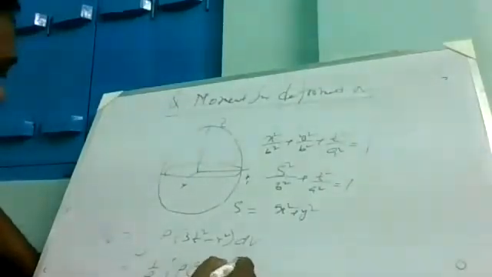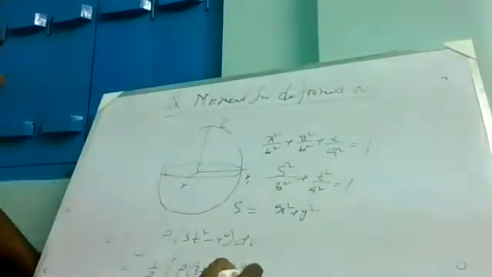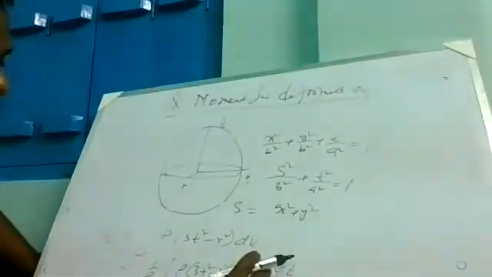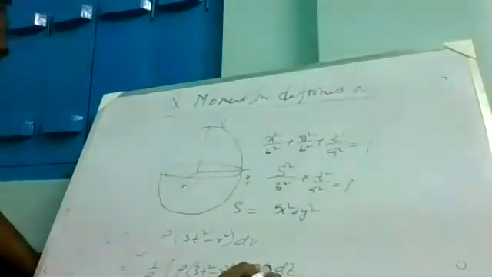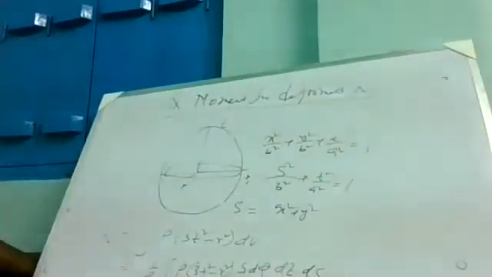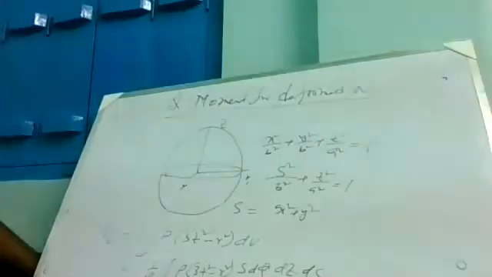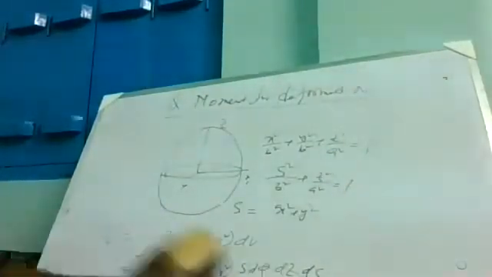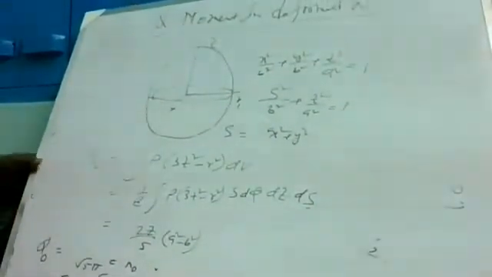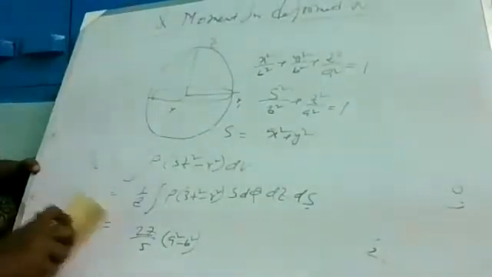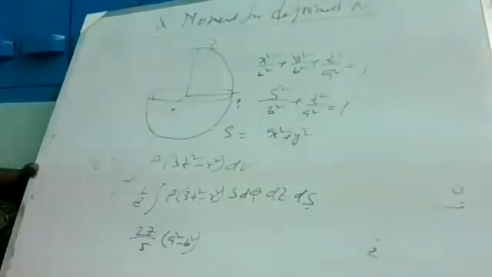Now dv will be how much? dv will be equal to s dphi dz ds. Now if you perform this integration, then this will come out to be 2Z by 5 into (a square minus b square).